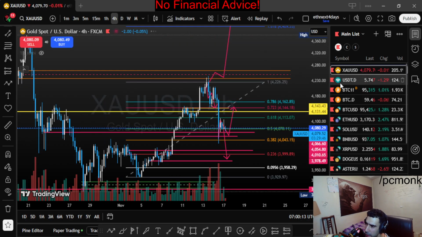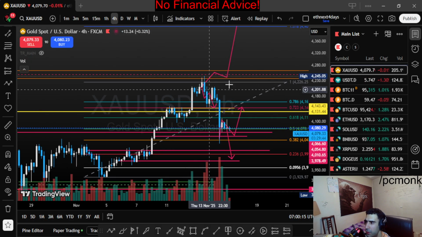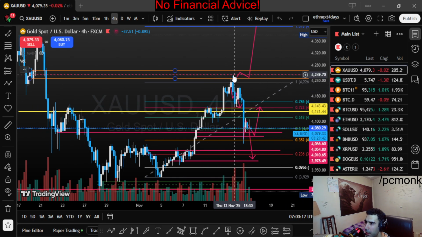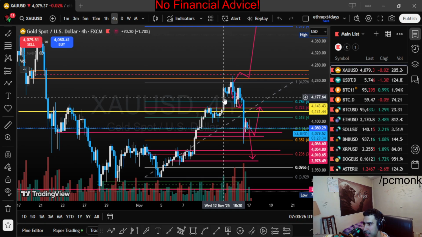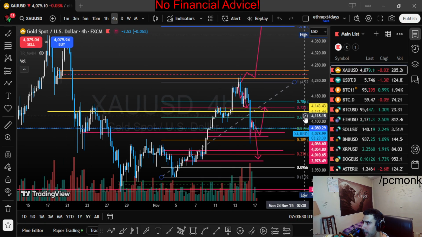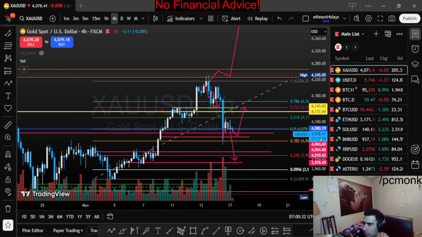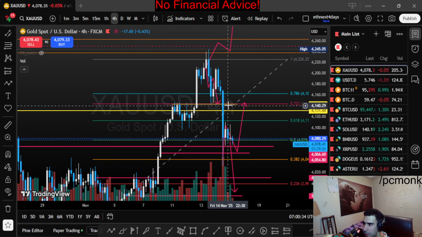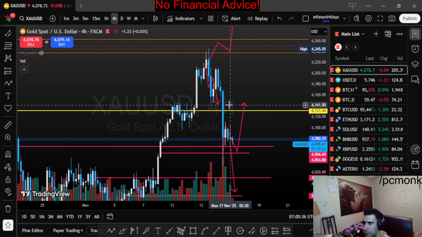Let's take a look at gold quickly and then I'll call it. Gold did hit around this liquidity, sell-side liquidity volume imbalance that we had. It couldn't hold it to continue down. So what happened is we lost that and we went below this daily, which is 4,131. So now what do we need to do?